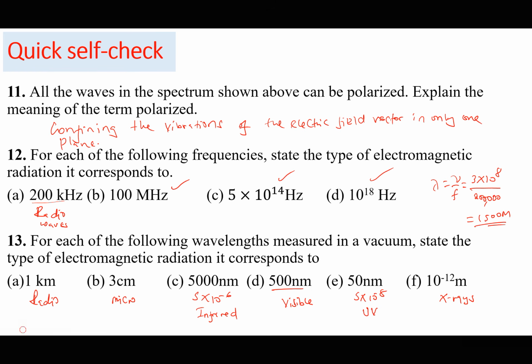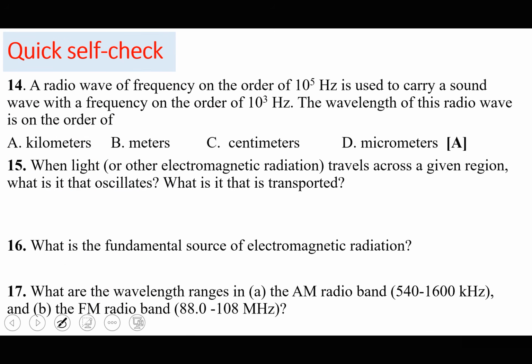And lastly, a radio wave of frequency 10 to the power of 5 Hz is used to carry a sound wave with a frequency of 10 to the power of 3 Hz. The wavelength of this radio wave is on the order of what? This is the frequency of the radio wave which is used.